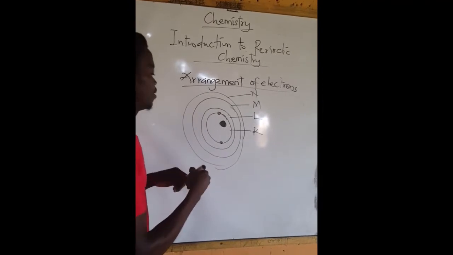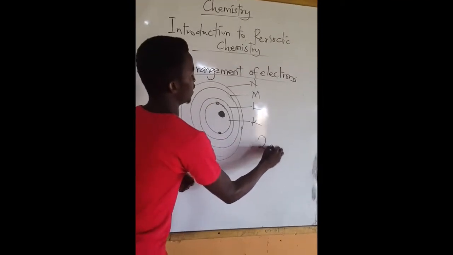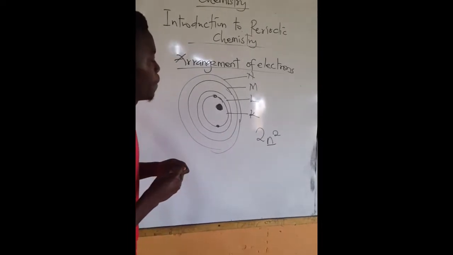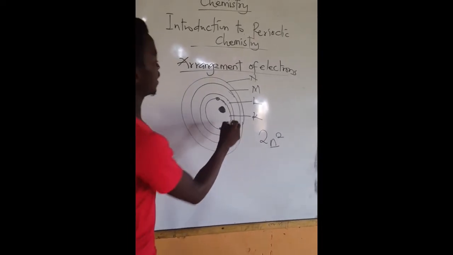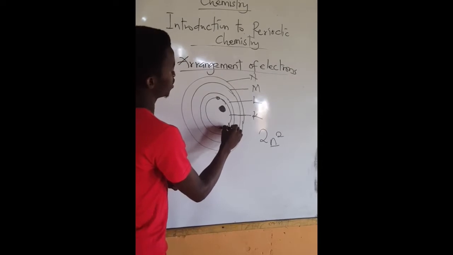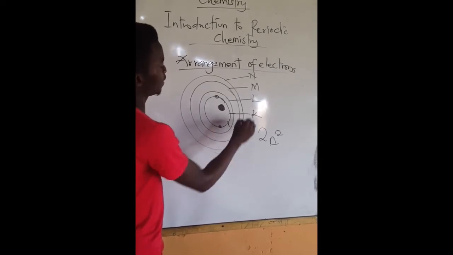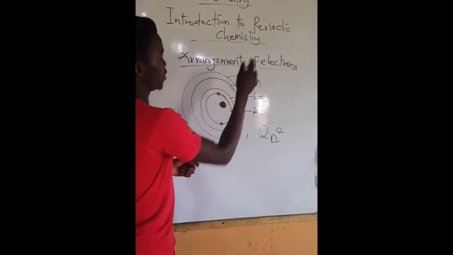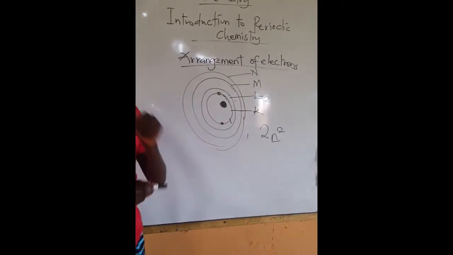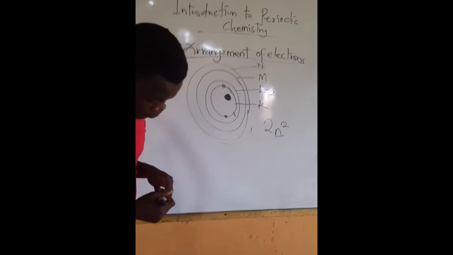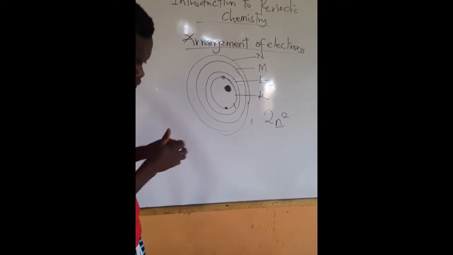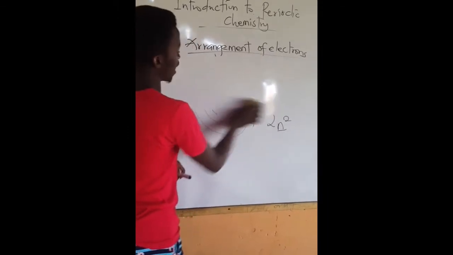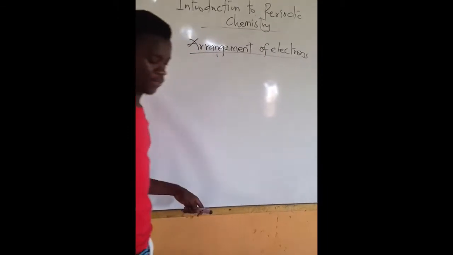Okay, so the formula used for filling the shells is given by 2n exponent 2, where this n is our shell number. So taking for instance K, our shell number is going to give us 1. Taking L, our shell number is going to give us 2, and M is going to be 3, and N, 4. Okay, so now let's take a table to represent how these shells are filled.